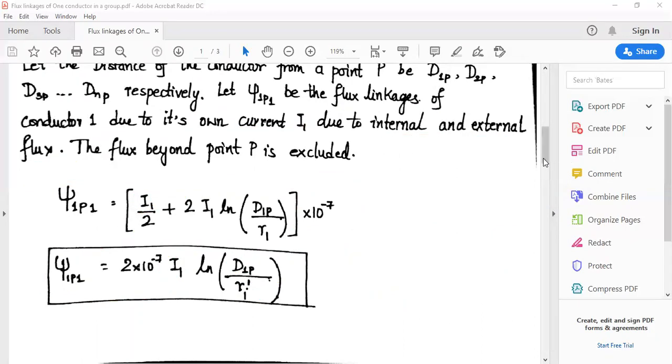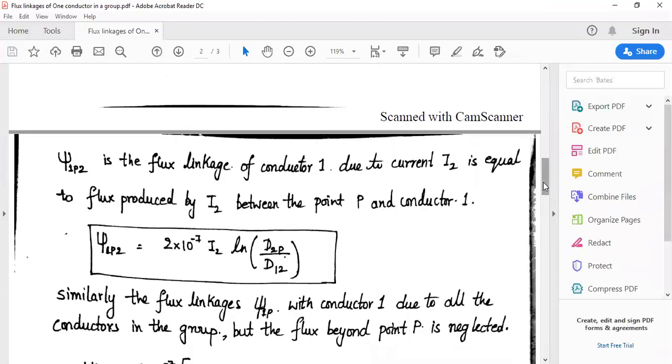Next, I want to go ahead with phi 1P2, that is due to the current I2. The flux linkage of conductor 1 due to current I2 is equal to the flux produced by I2 between point P and conductor 1.